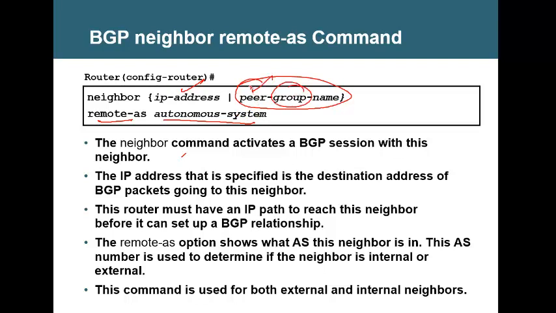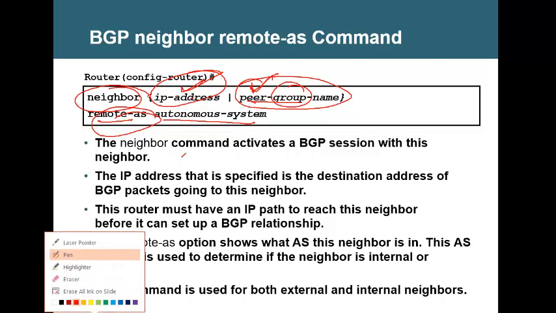See, what is the meaning of peer? Peer is another word for neighbor. Neighbor group, peer group. If I have only one neighbor, I give the neighbor's IP address here. If I have a collection of neighbors in the same autonomous system, then I need to say peer group, neighbor group. We'll talk about how to group the neighbors later by using a template.